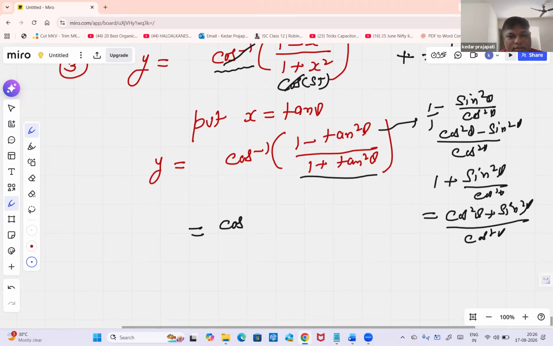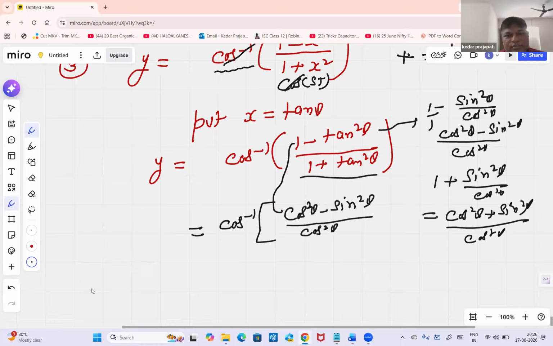So here we have cos square theta minus sin square theta by cos square theta, which is the value of 1 minus tan square theta.